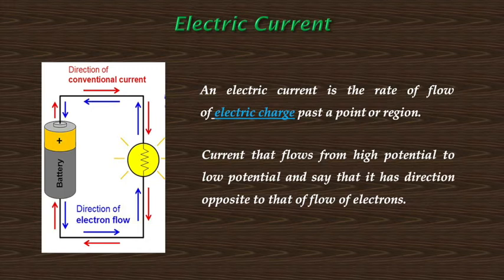In an electrolyte, the charge carriers are ions, and in an ionized gas they are ions and electrons. Negative terminal means excess of electrons, and positive terminal means deficiency of electrons. The SI unit of electric current is the ampere.